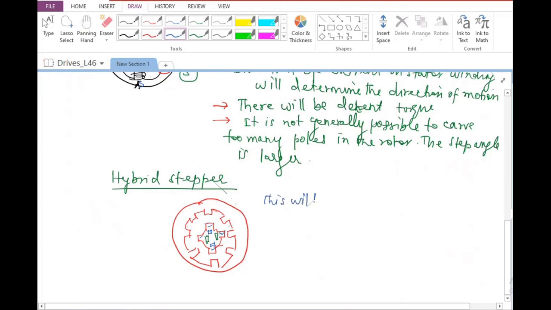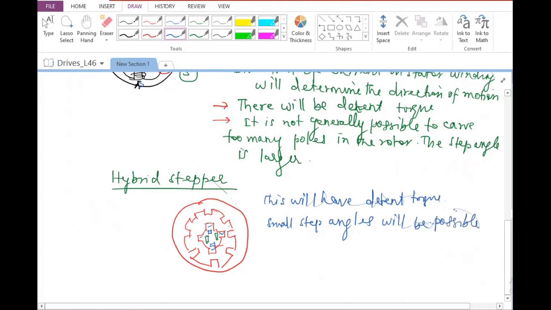So in that sense, this will have detent torque, and we may be able to make small step angles possible in this particular case. So that is one of the greater advantages of the hybrid stepper motor.